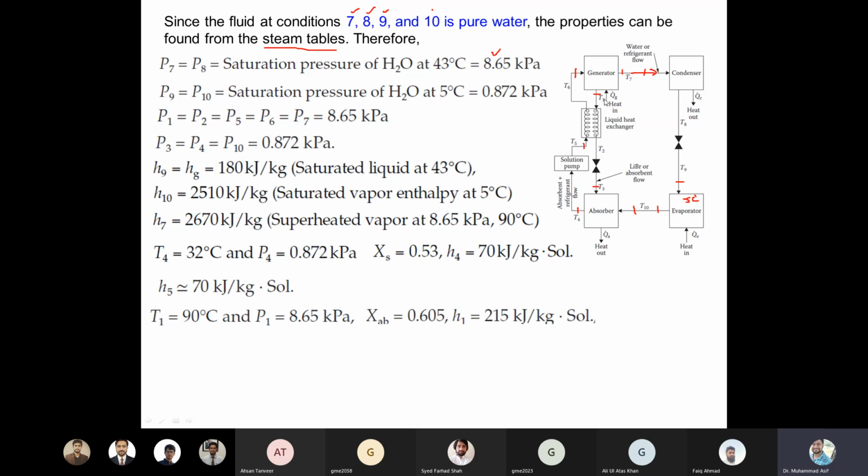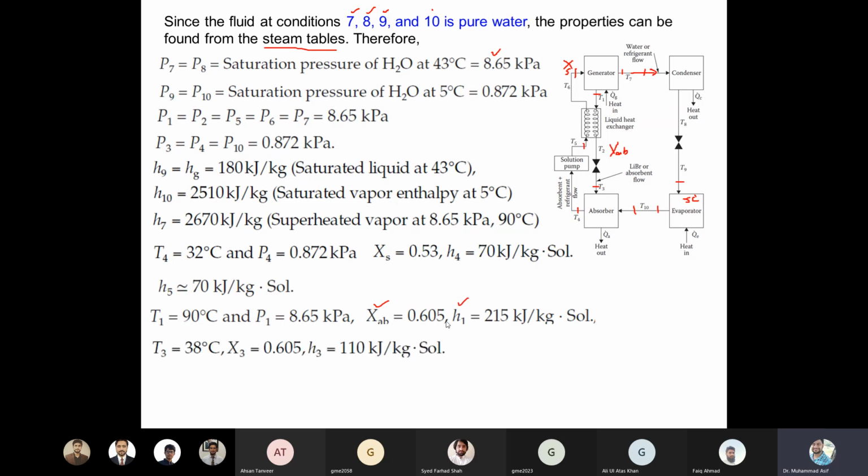This concentration is the concentration of the weak solution which is coming into the absorber. Let's say we represent it with XAB, right? This is the concentrated solution, represented with XS, which is coming back to the absorber. Then we can read the concentration as well as the enthalpy if we know the temperature and pressure.